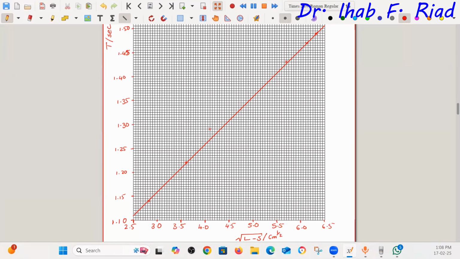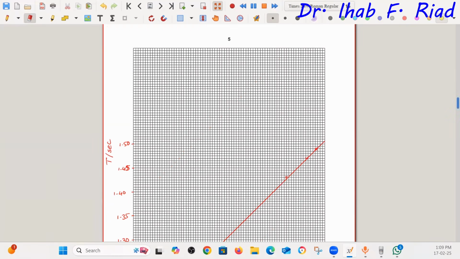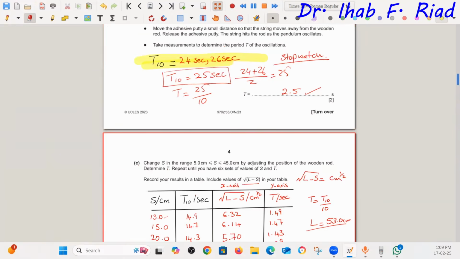I have one which is a little bit far away. Can you see it? Yes. This one is a little bit off. Okay. What does it mean if it is a little bit off? Error. Yes, I was not just careful enough when I was taking my readings.